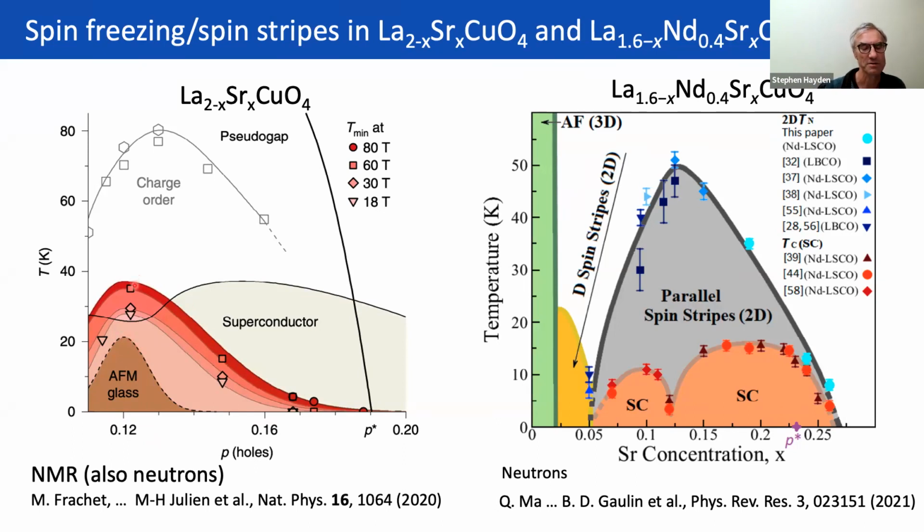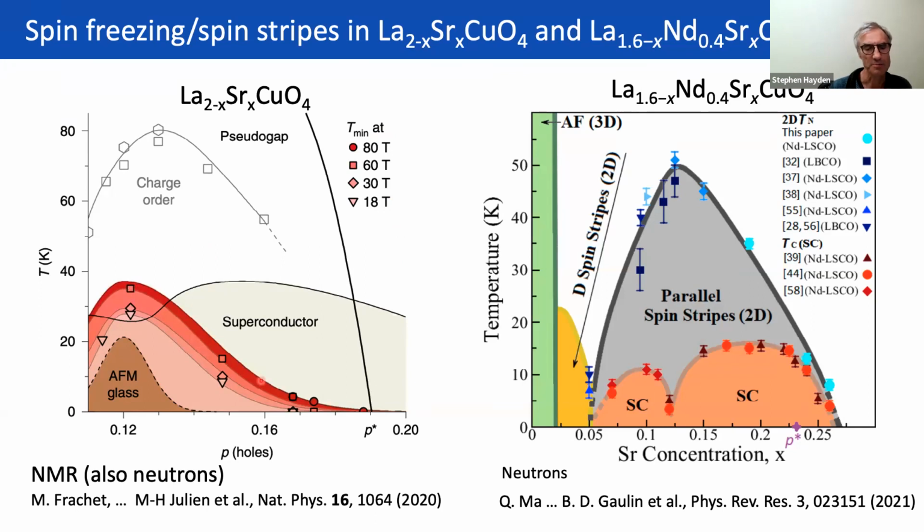But he can also do a rather nice thing and put a larger magnetic field on, suppress the superconductivity, and he sees that this increases the spin ordering at low energies, at low frequencies.